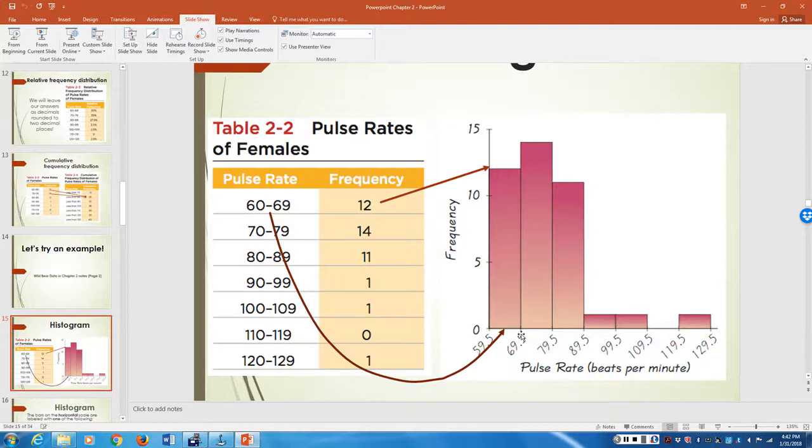And because of rounding, anything that is, for example, lower than 69.5 goes into the first class, because we just make that convention. But if it's 69.5 and higher, then we round up into the next class. Okay, so your boundaries are the dividing line between the bars of your histogram. That's really what they are. And one of the things that we need to be able to do is to make a histogram.